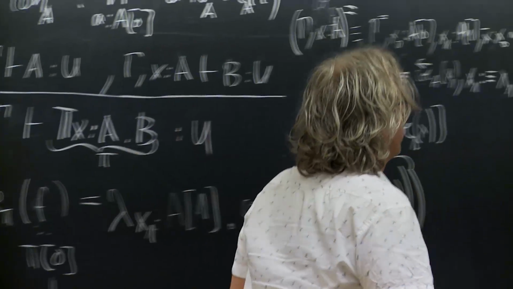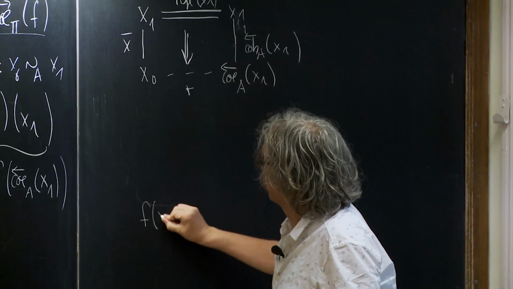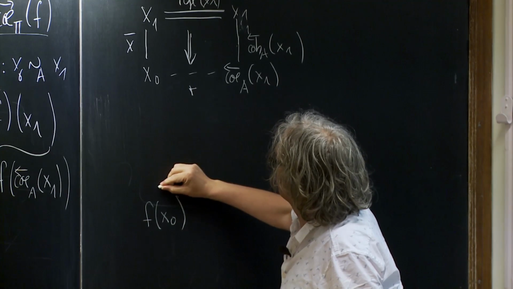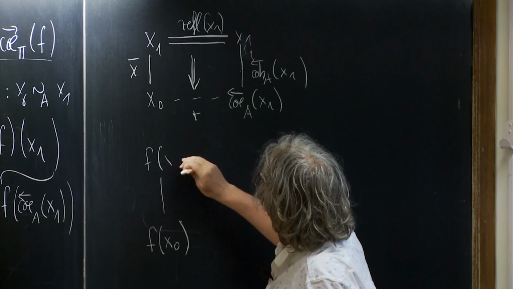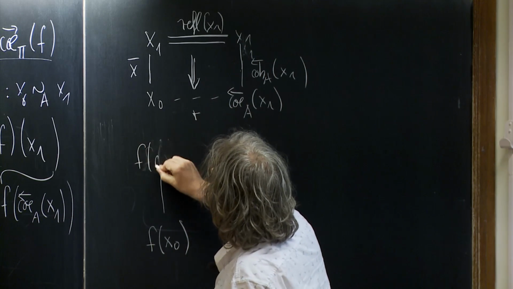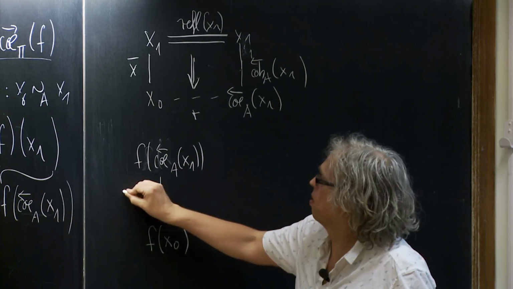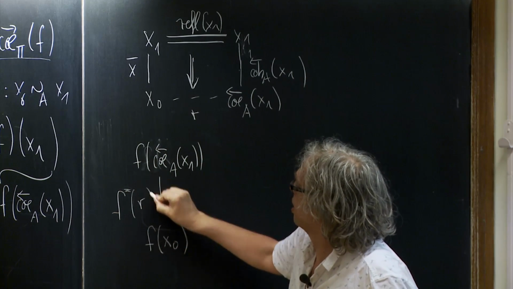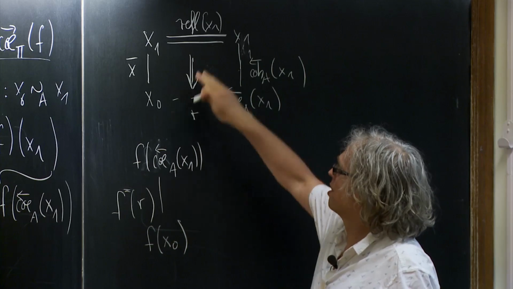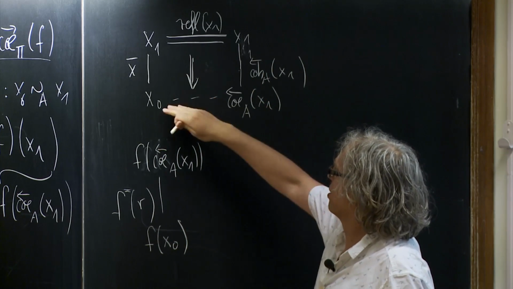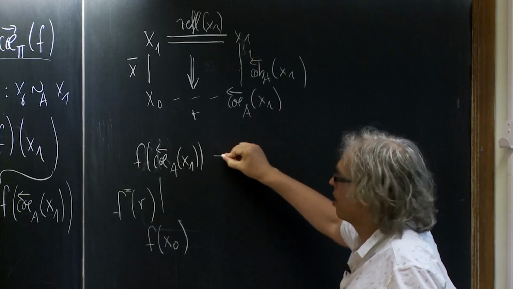Okay. So now, if I use this filler and rotate it, so here I need a rotation, I know that f of x0 is equal to f of coe A of x1, and this is just f respecting equality applied to R. If I really go into details, there's actually a point where I need the filler as well, the inside, not just this line.